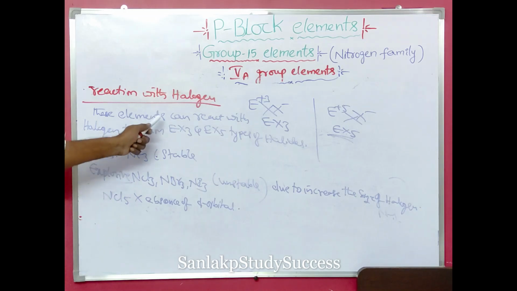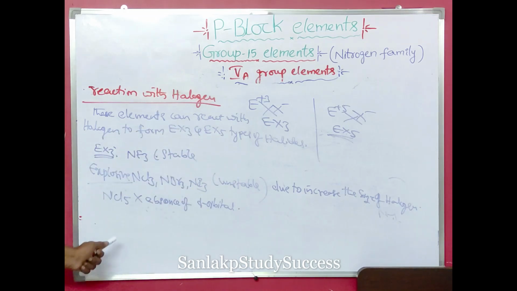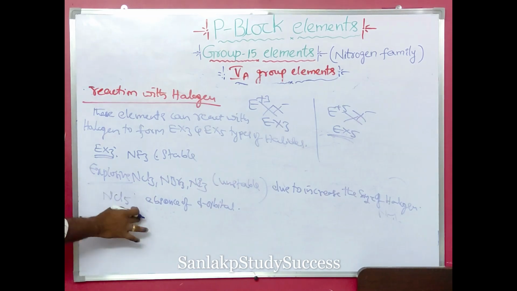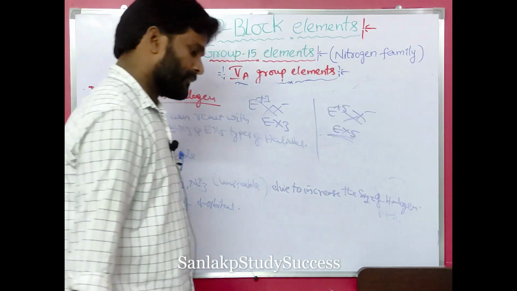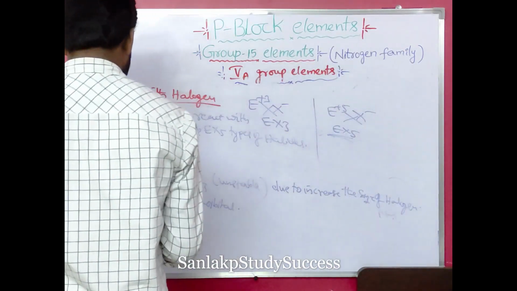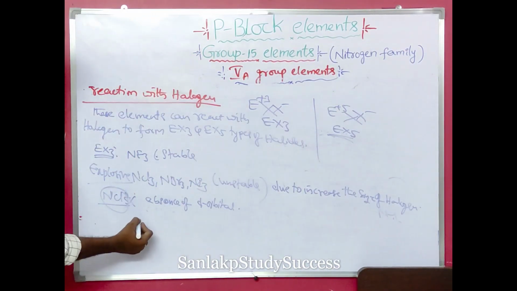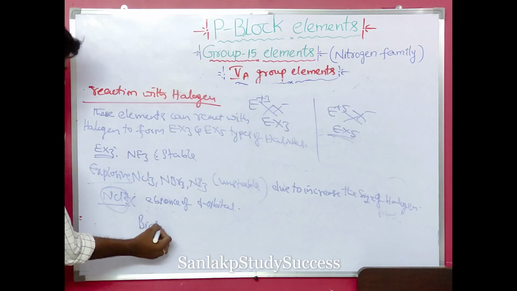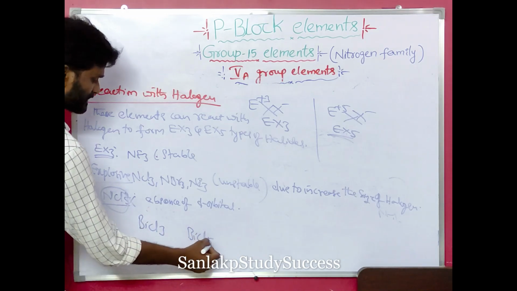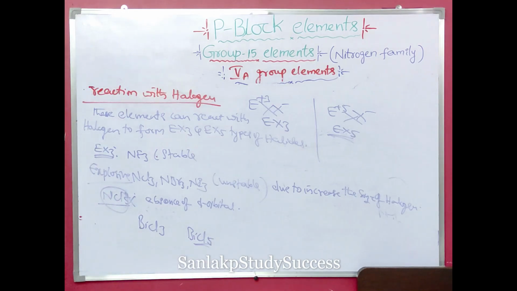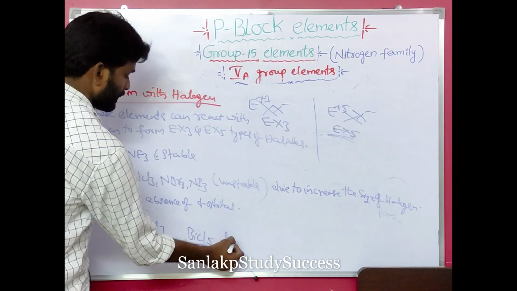Nitrogen cannot form EX5 type of halides due to the absence of d orbitals. And bismuth also: BiCl3 is known, but BiCl5 is less readily formed, due to the inert pair effect.